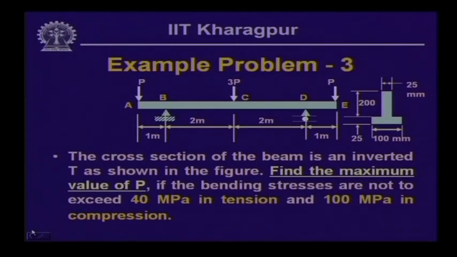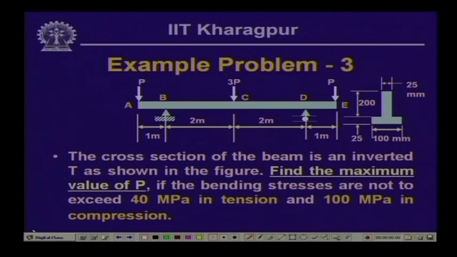Well, now let us look into another example problem, wherein the cross section of the beam is an unsymmetrical one, unsymmetrical with respect to the horizontal axis, but it is again symmetrical with respect to the vertical axis, and the beam is subjected to 3 concentrated loads: P over here, 3P at the center and P over here.